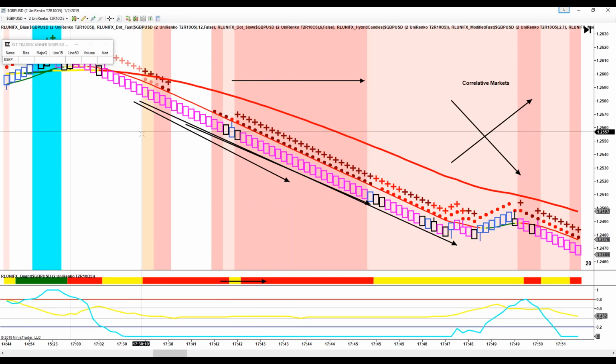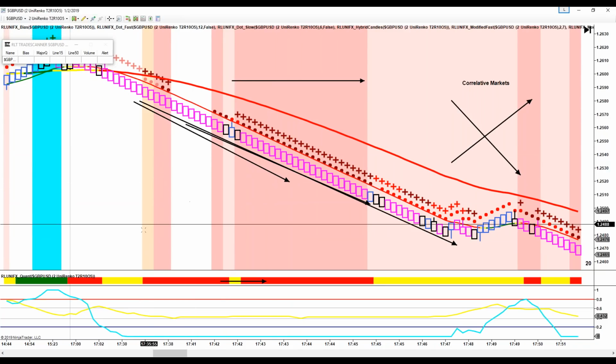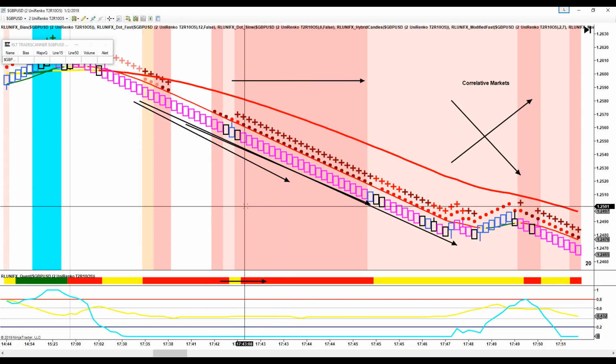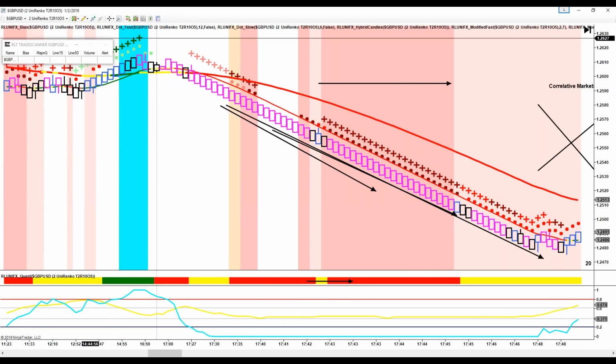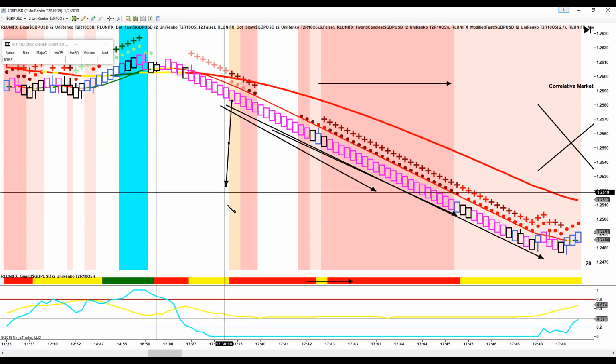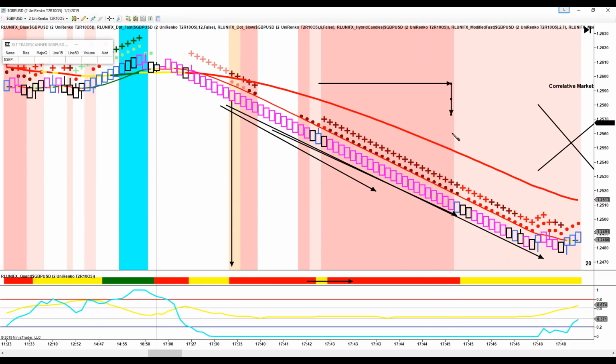So we always want to trade in the direction of money flow, because when you get this, it means that there's institutional participation, and the probability of getting a winning trade is significantly higher. And you'll notice that it's not 100%, but 95% of the time, the money flow, as assessed via the correlative markets, occurs when you get a multi-time frame alignment in trend.